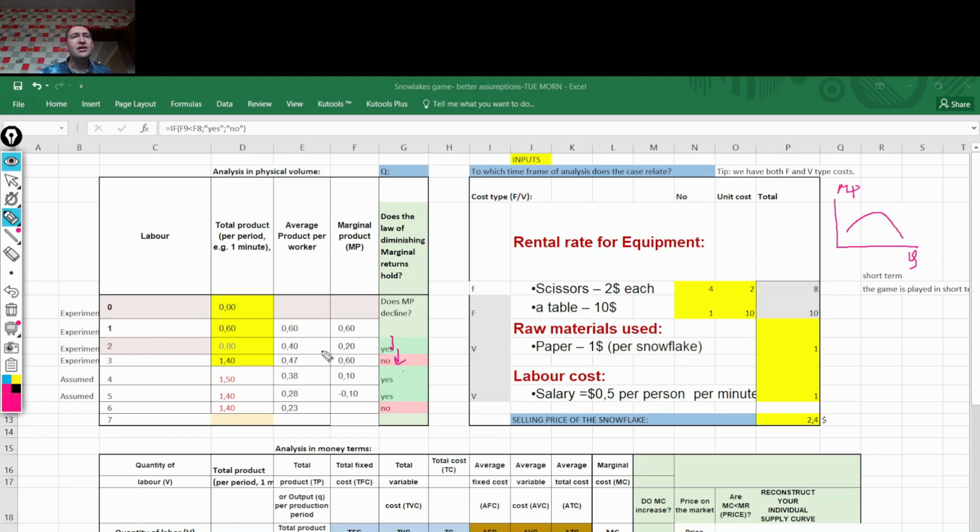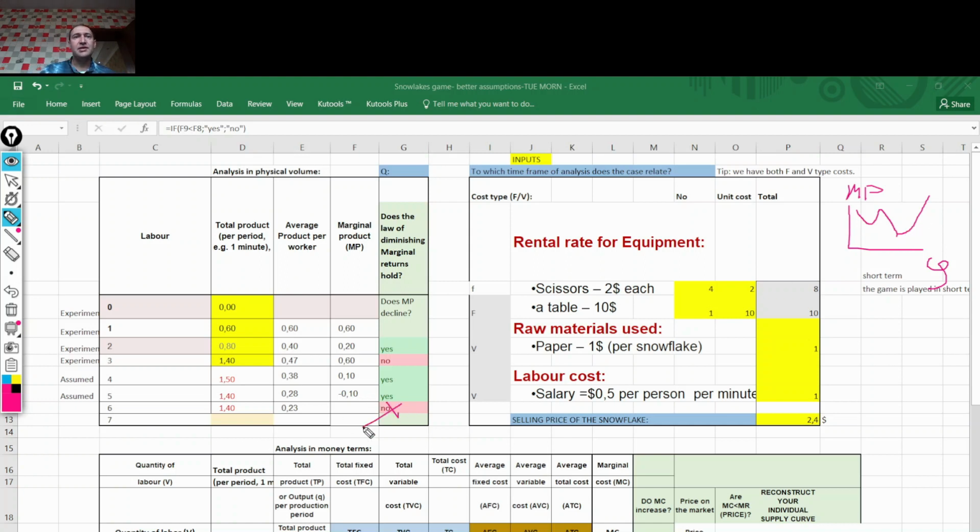I'm not sure. So first it declined. That's not the correct presentation. I think the correct one in our instance, in that game, is this. First, it's not a cost, it's a product, so you have to be careful what we are drawing. We are drawing the marginal product, not the marginal cost, with respect to quantity. So first it declined, then it increased, and then it again declined, and then it should have increased. So our experiment was a little bit messy on that point.